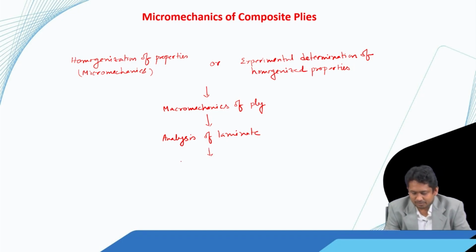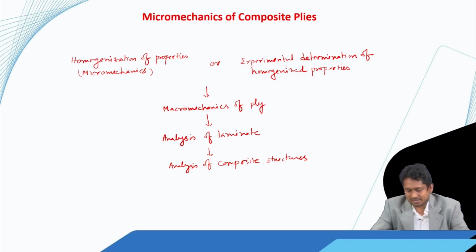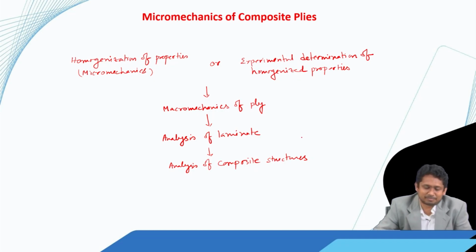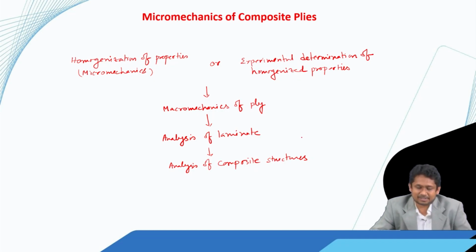After that, finally, we can analyze a composite structure. That means, a structure made of these laminates. So, we have a bottom to top approach. So, we will start from the very bottom, where we see the plies as something made up of two or more materials, and then we will see how we can find out the equivalent composite property.